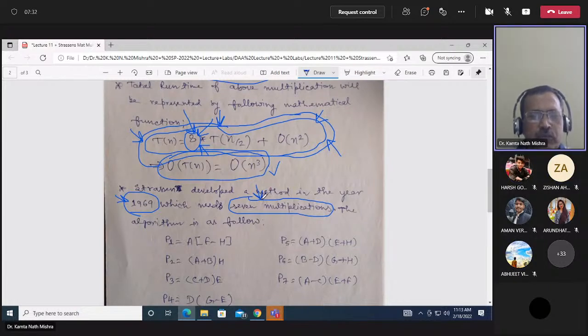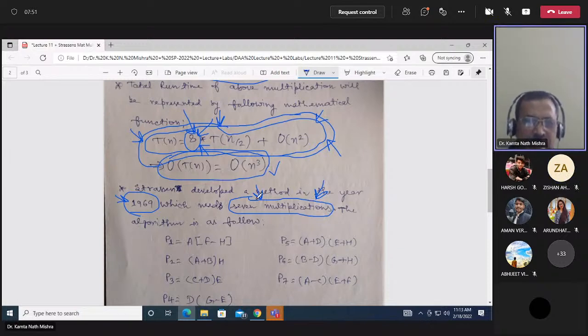So remember, brute force used 8 and Strassen is using 7 multiplications. So which one is better? Brute force or Strassen? Strassen's, sir. Strassen's is better.